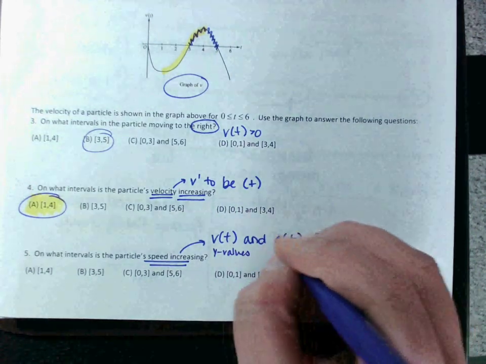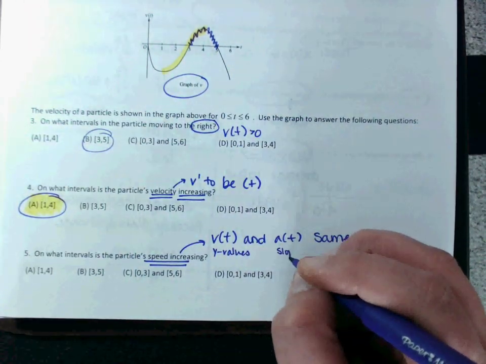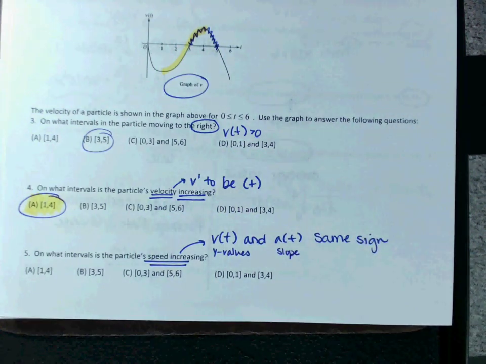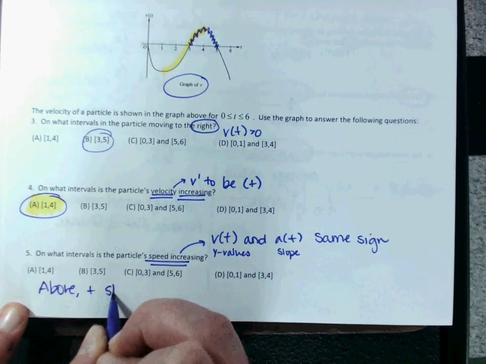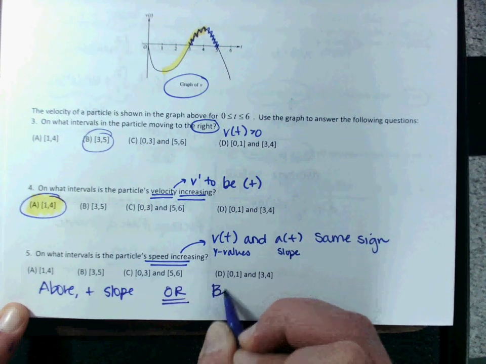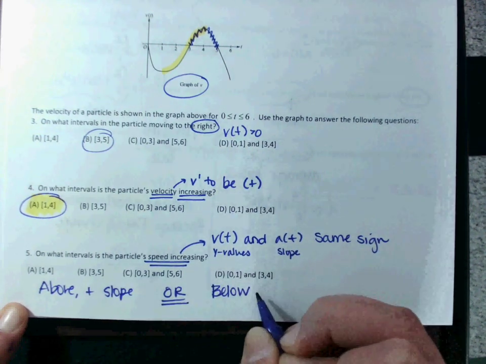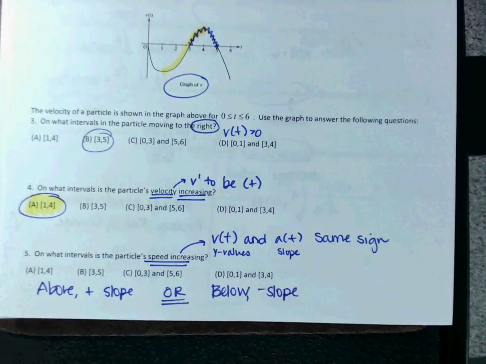And then a of t is the derivative of v, so this is the slope. So that means that I can either be above with a positive slope, or I can be below with a negative slope. And those would be my two combinations that would make my speed be increasing.